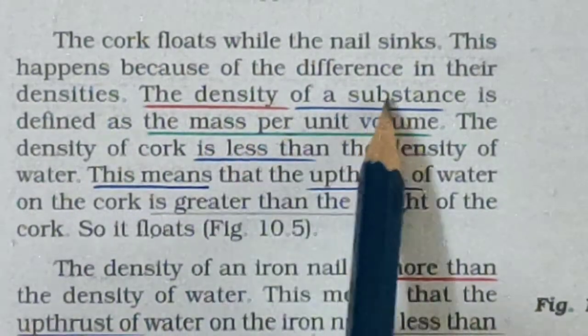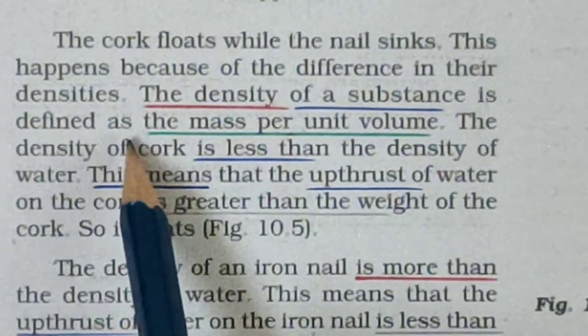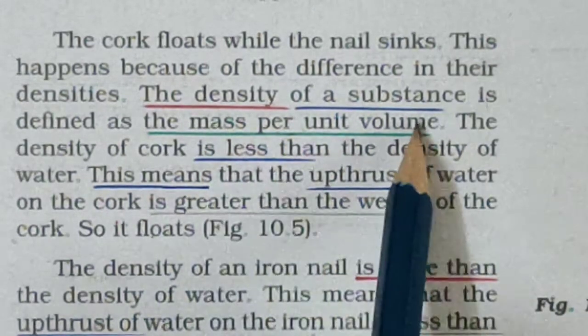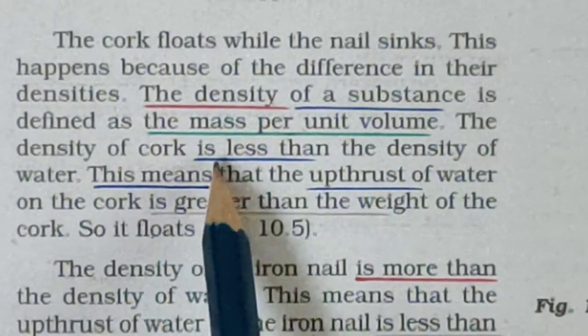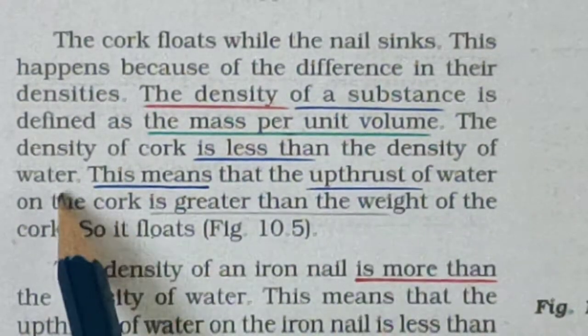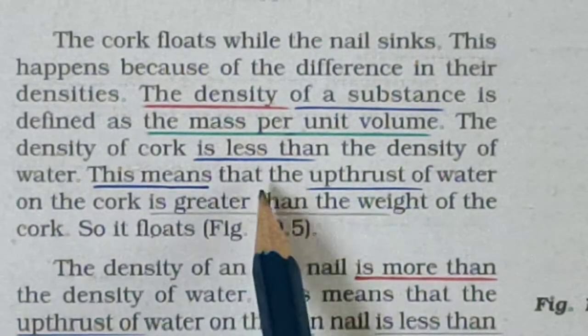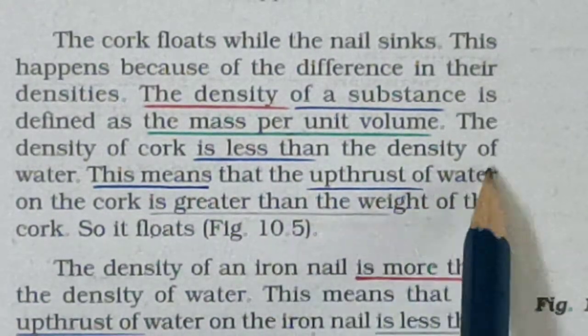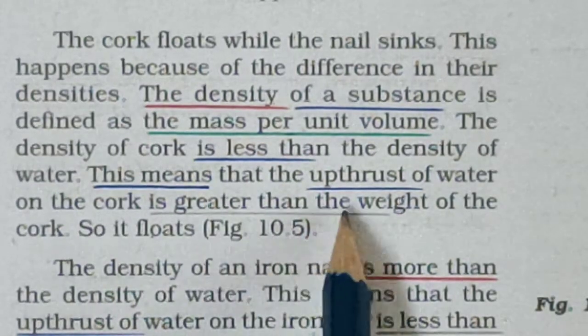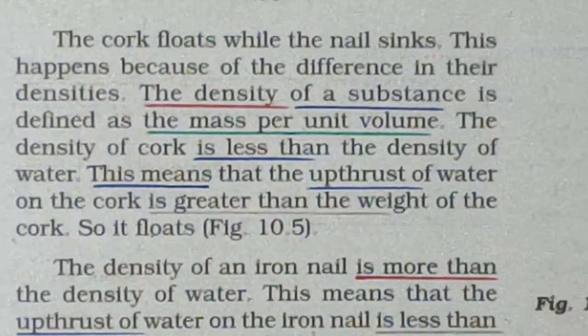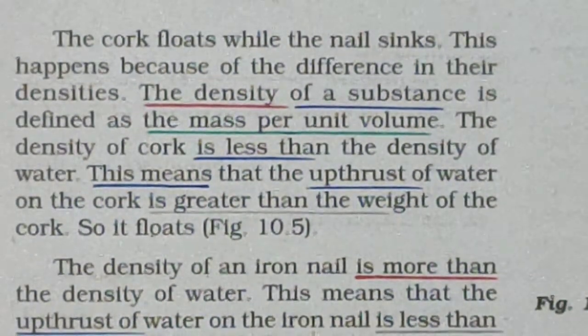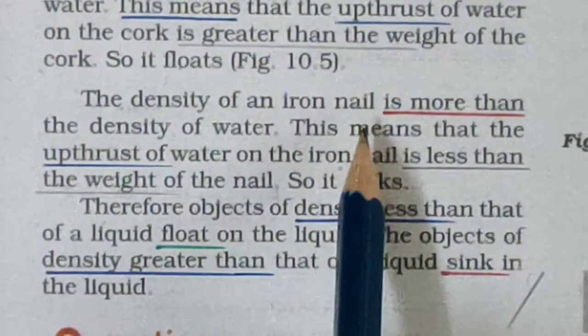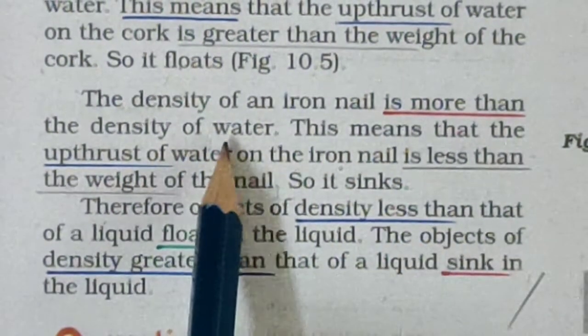The density of a substance is defined as mass per unit volume. The density of the cork is less than the density of water. This means that the upthrust of water on the cork is greater than the weight of the cork, so it floats. The density of an iron nail is more than the density of water.